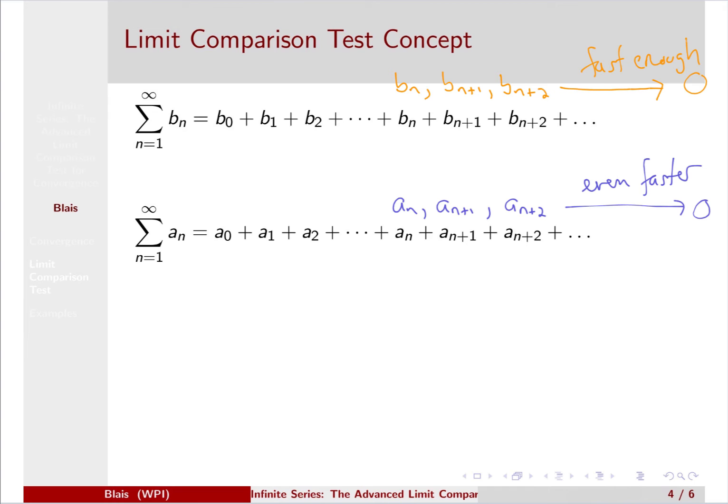And again, that is captured by the idea of the limit as n goes to infinity of a sub n over b sub n being equal to 0. Again, the b sub n's are going to 0, so your denominator is going to 0. So if this whole expression goes to 0, a sub n has to go to 0 a whole lot faster than the b sub n does.